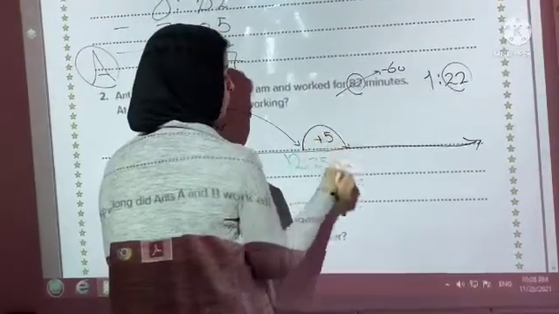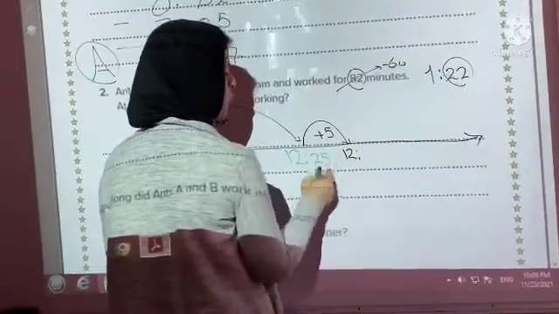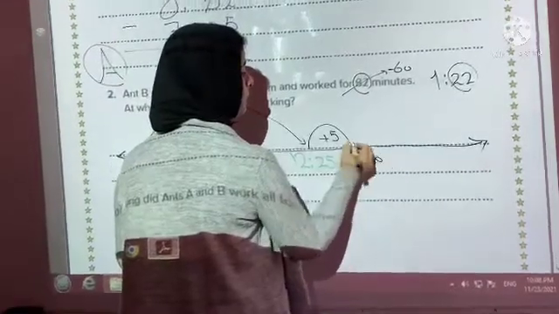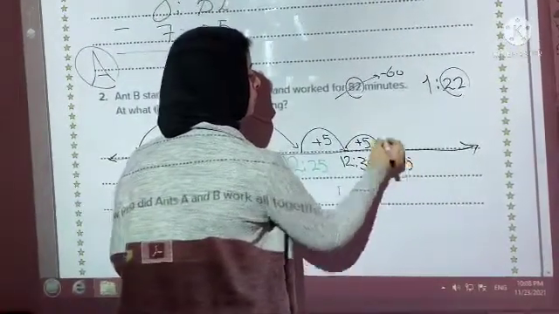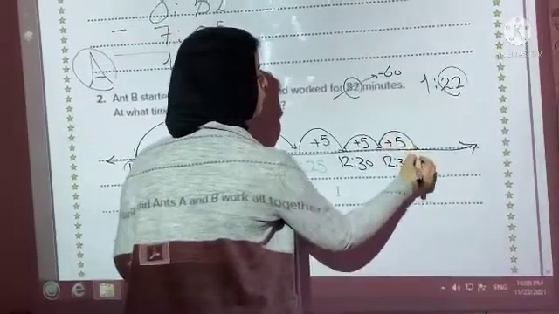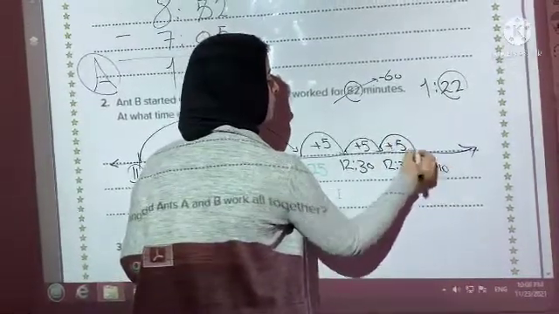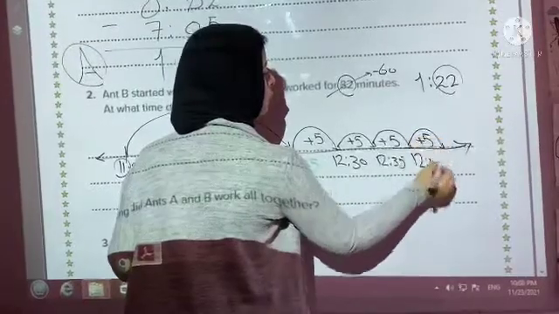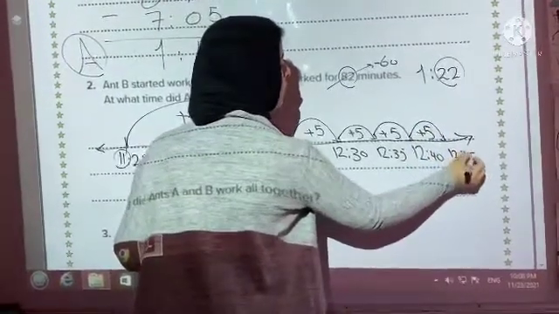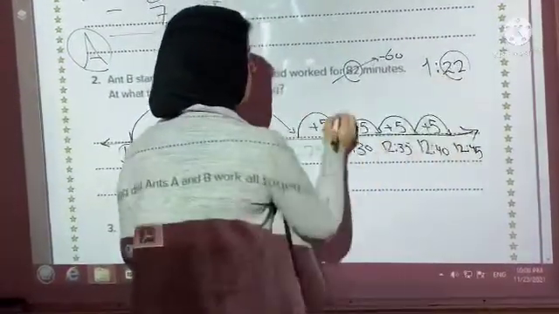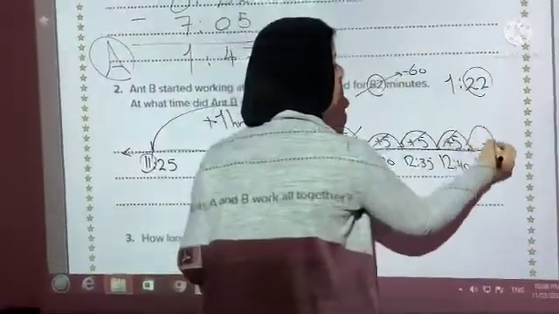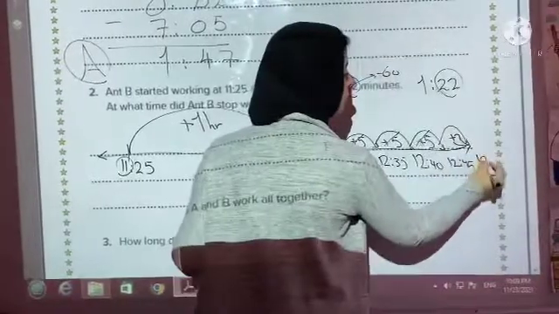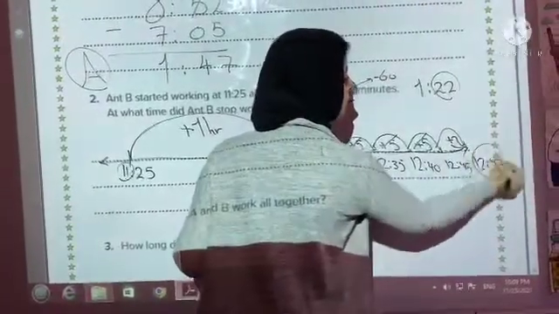Plus 5, it will be 12:30. Plus 5, it will be 12:35. Plus 5, 12:40. Plus 5, 12:45. And then I'm gonna add 2, because 5, 10, 15, 20, I want to add 22. So I'm gonna add another 2. It will be 12:47.